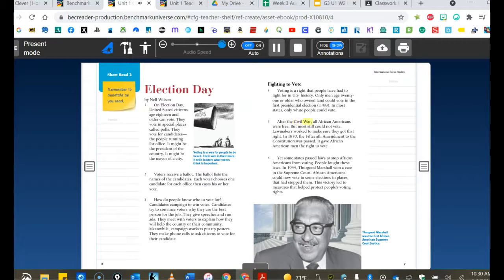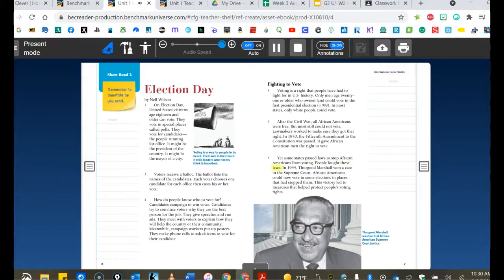After the Civil War, all African Americans were free, but most still could not vote. Lawmakers worked to make sure they got that right. In 1870, the 15th Amendment to the Constitution was passed. It gave African American men the right to vote. Yet some states passed laws to stop African Americans from voting.